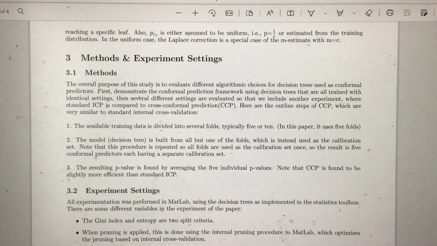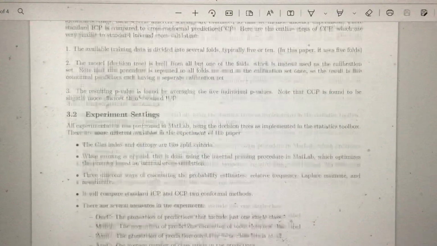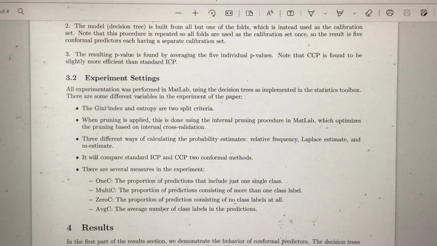Okay, so the next part is the experiment settings. All experimentation was performed in MATLAB, using the decision trees as implemented in the Statistics Toolbox.